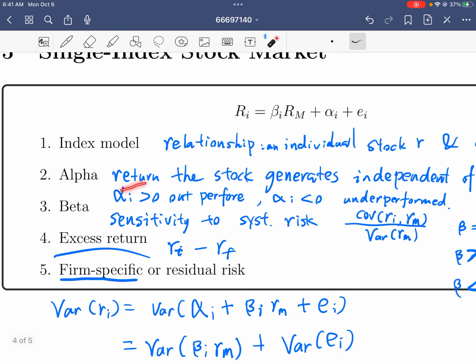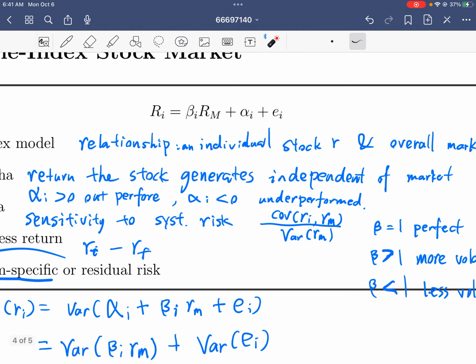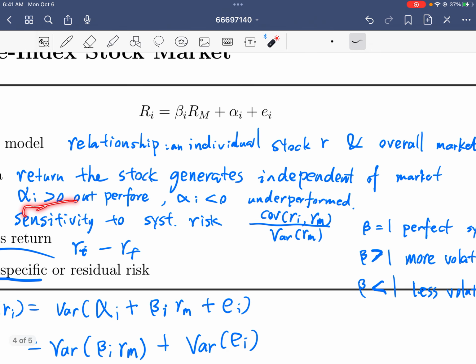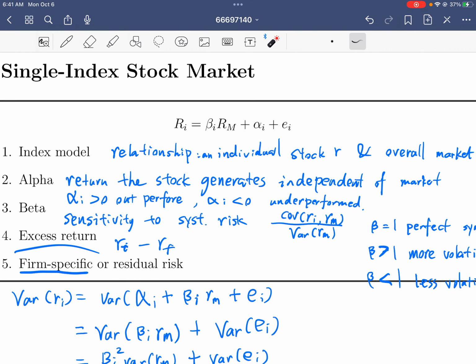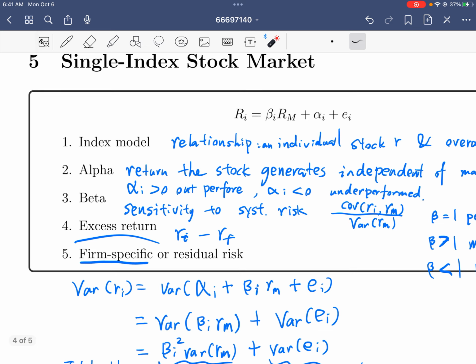The alpha is the return the stock generates independent of the market. If it's larger than 0, it outperforms the market. If smaller than 0, it underperforms the market. It depends on the characteristics of that individual stock.